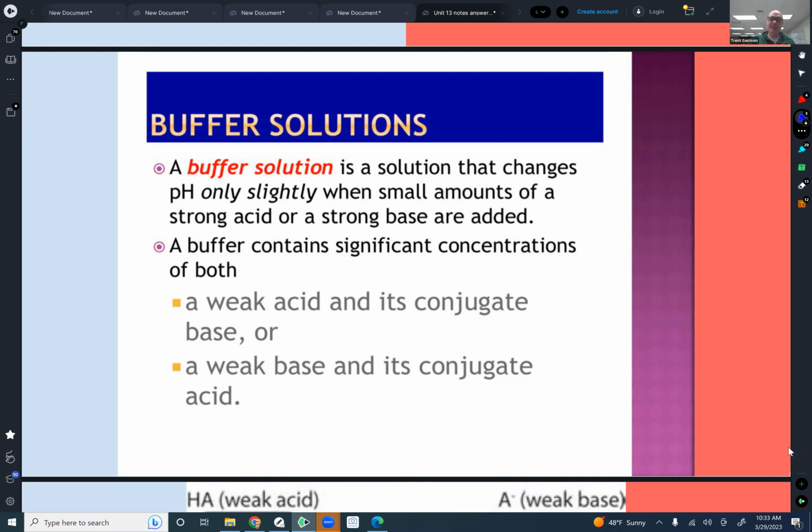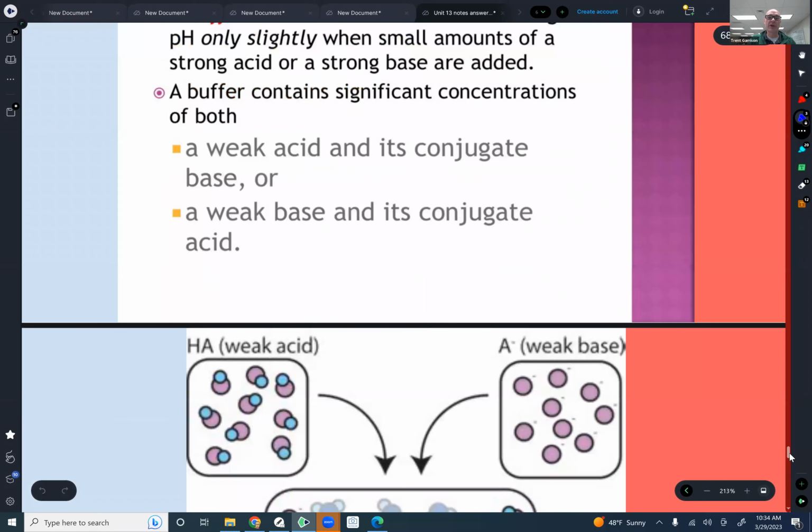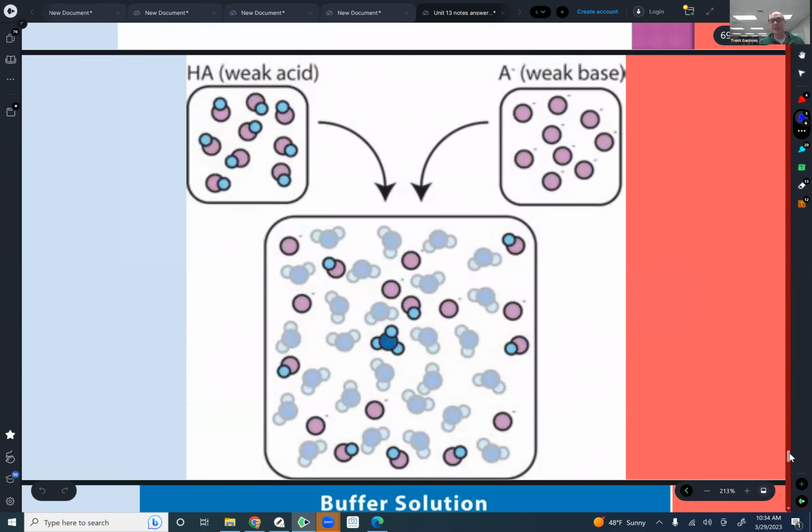So in that process, as you add more hydrogens, more strong acid to the solution, it continues to consume it and not allow it to be free, so the pH never goes down. So it's a very good system. And it's what is dynamic about what's going on in our stomach to try and always balance out any materials that we consume that might upset our pH in our body.